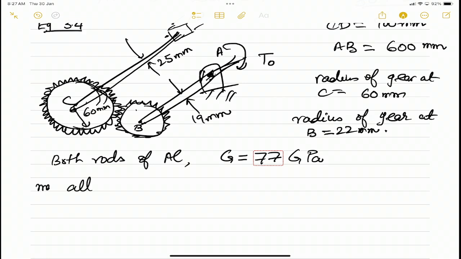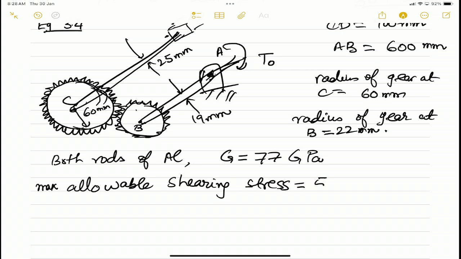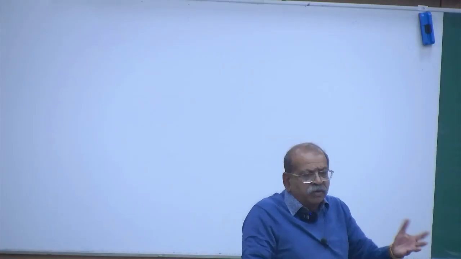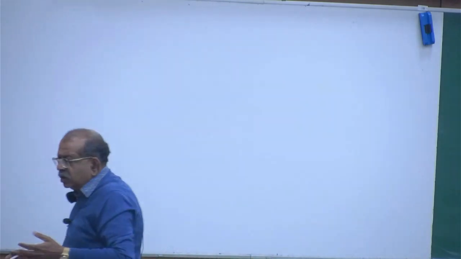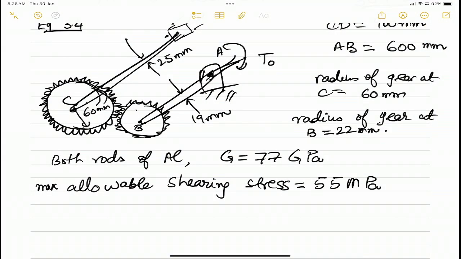And the maximum or allowable shearing stress is equal to 55 megapascal. That means if the stress in any of the rods exceeds 55 megapascal, the rod will fail or deform plastically. So the maximum shear stress it can take is 55 megapascal.